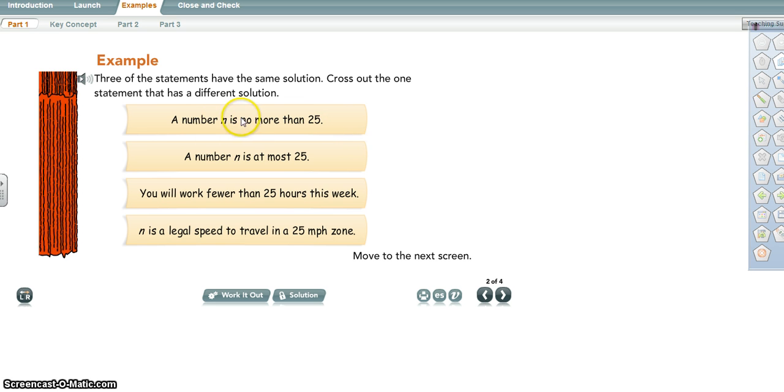Well, whenever we read this no more than 25, like if I think, hey, today I can have no more than 25 kids in my class, then that means I can have less than 25 kids, but I can also have exactly 25 kids. No more than just means that it can't be greater than 25.